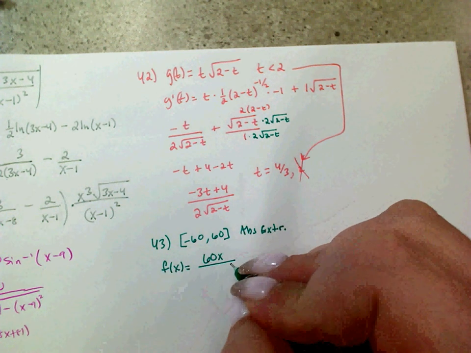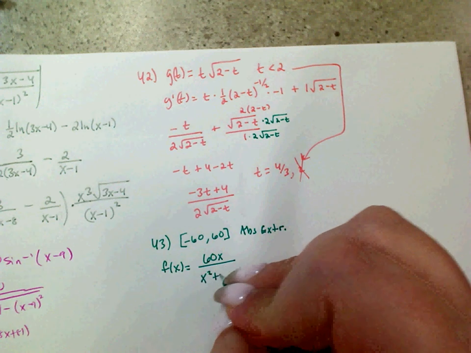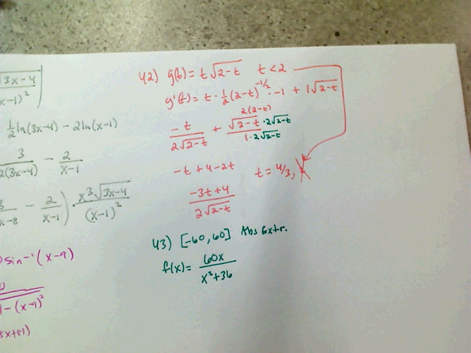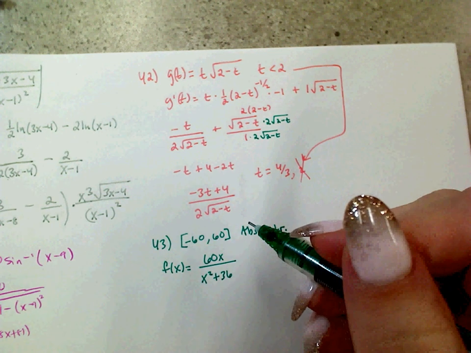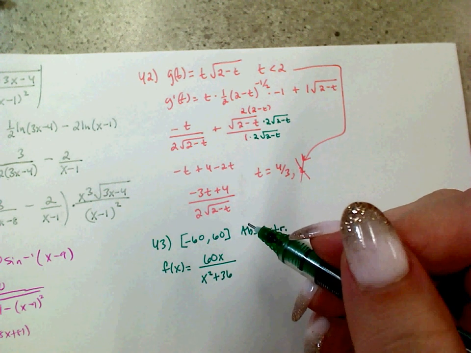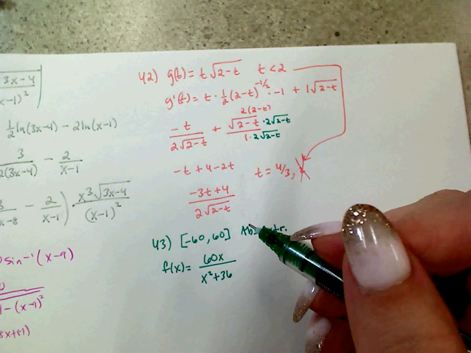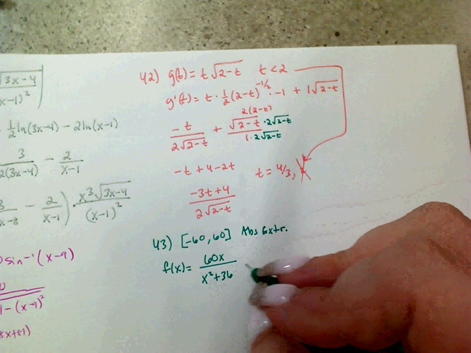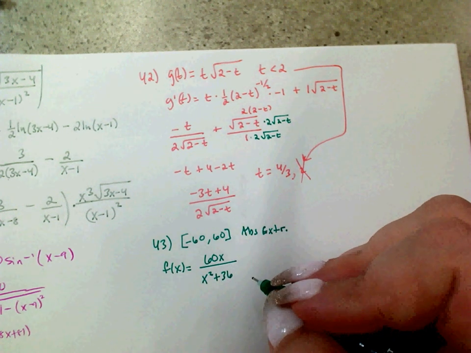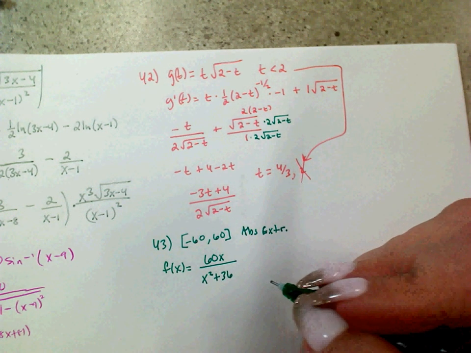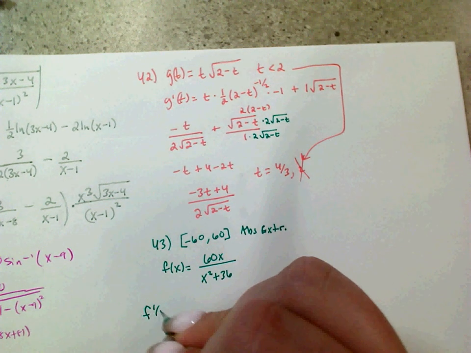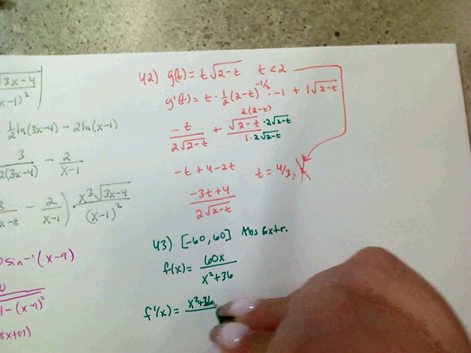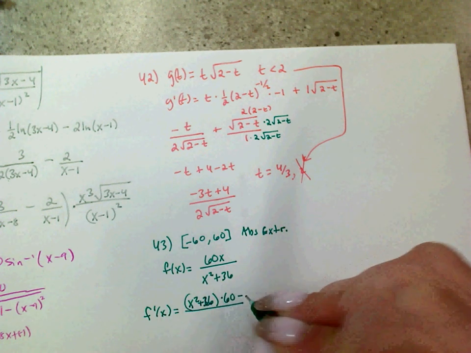Okay. If you're finding absolute extrema on a closed interval, then that is an extreme value theorem problem where your only possible maxes and mins are your endpoints and critical points. So we're going to find our critical points by finding the derivative, and then we're going to do a t-chart. So f prime equals low d high minus high d low all over low squared.